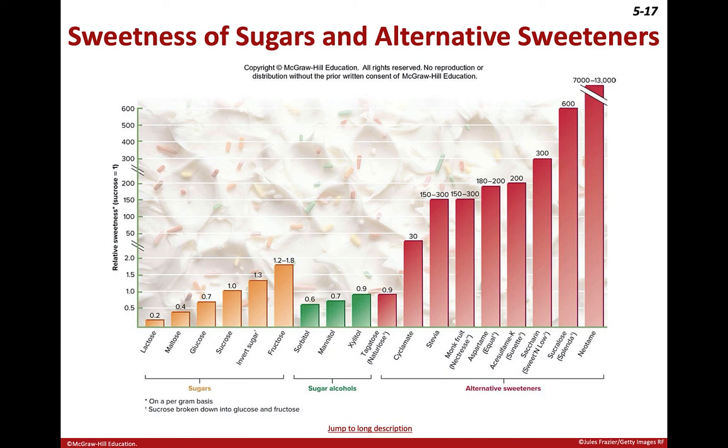What you'll notice is it's significantly lower in those alternative sweeteners. The reason is those alternative sweeteners are significantly greater in sweetness than sucrose. So you don't need as much of these alternative sweeteners to provide the same sweetness level that's found in sucrose.